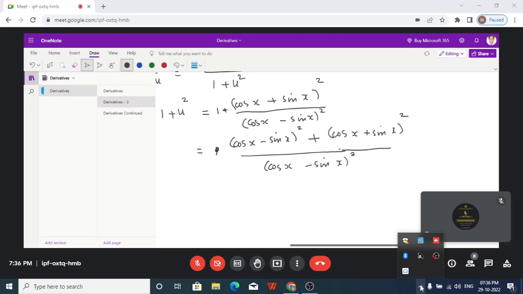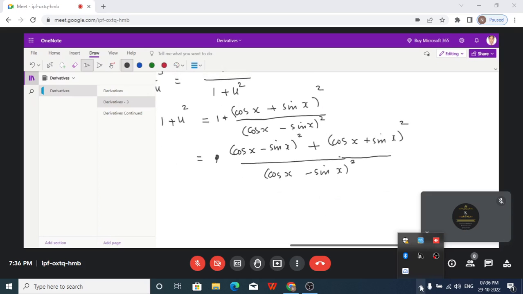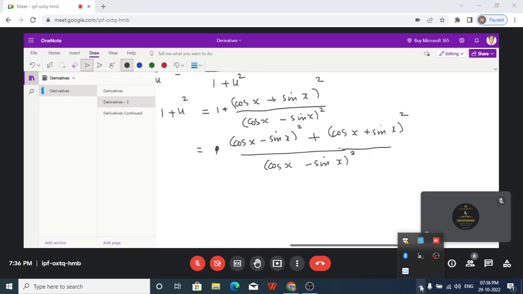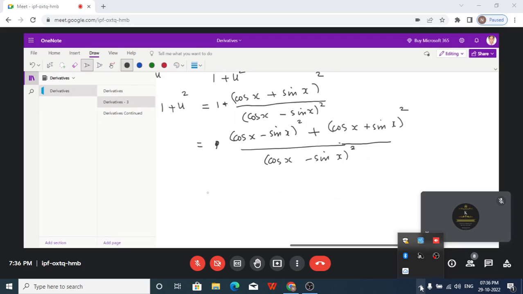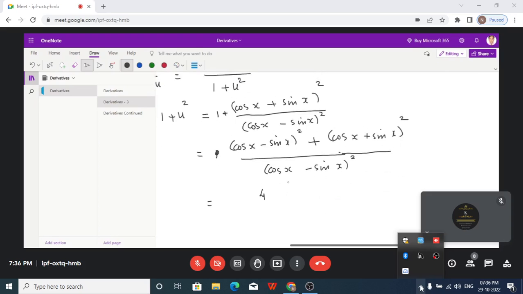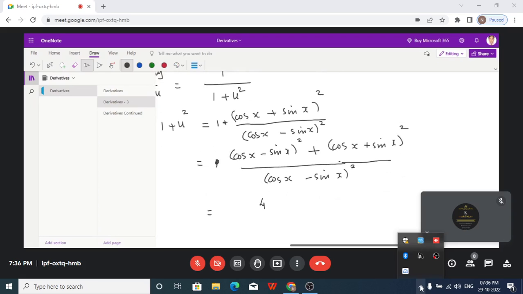This is like (a minus b) the whole square plus (a plus b) the whole square, which is not 4ab, it is 2 into (a square plus b square). Let me write step by step.